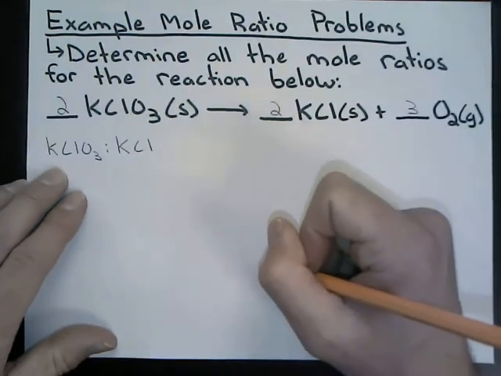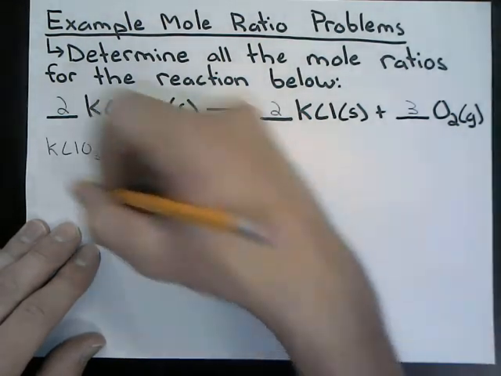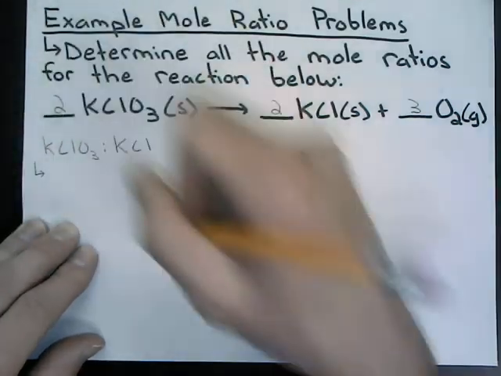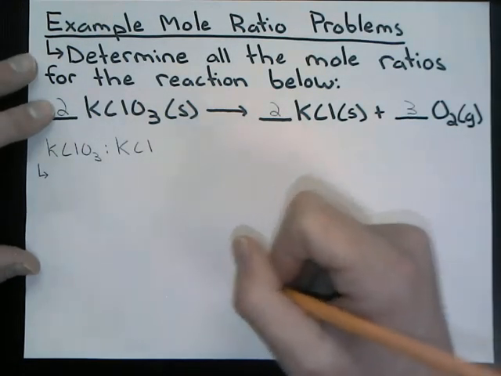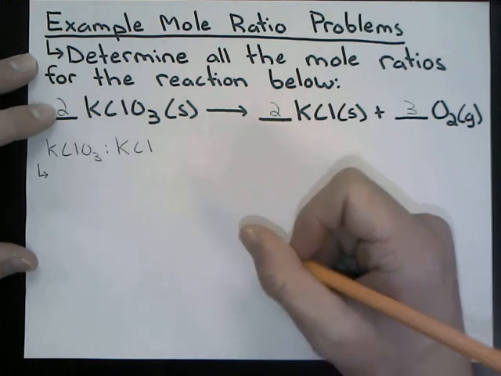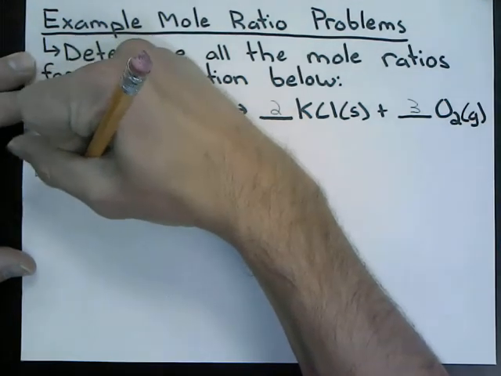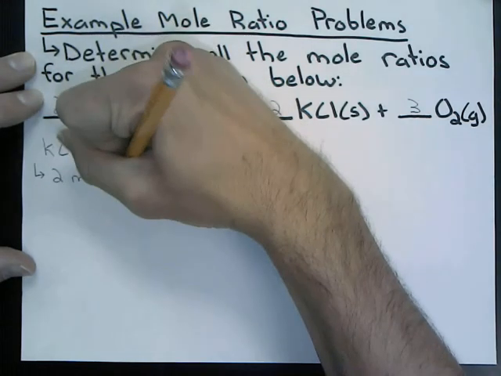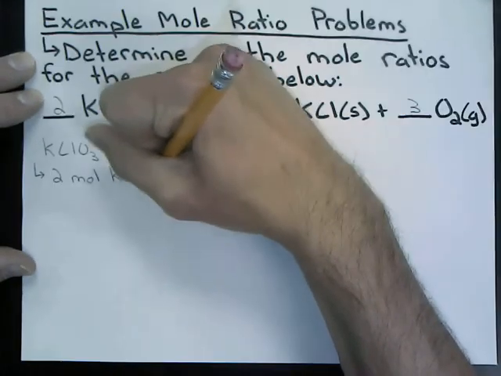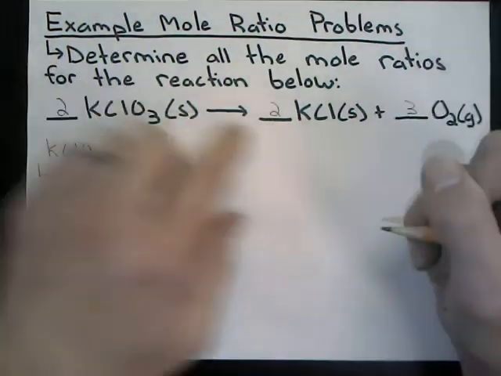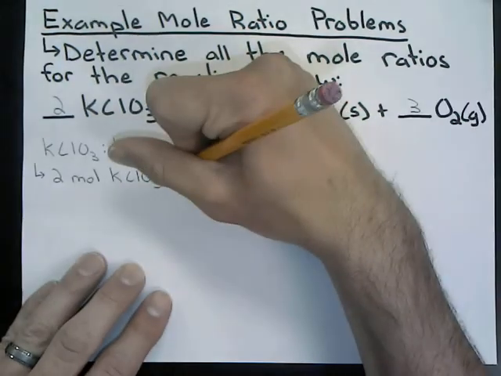And below here, I'm going to put the mole ratio. So below here, we look to the balanced chemical equation. For KClO3 and KCl, we have 2 moles of KClO3 to 2 moles of KCl.